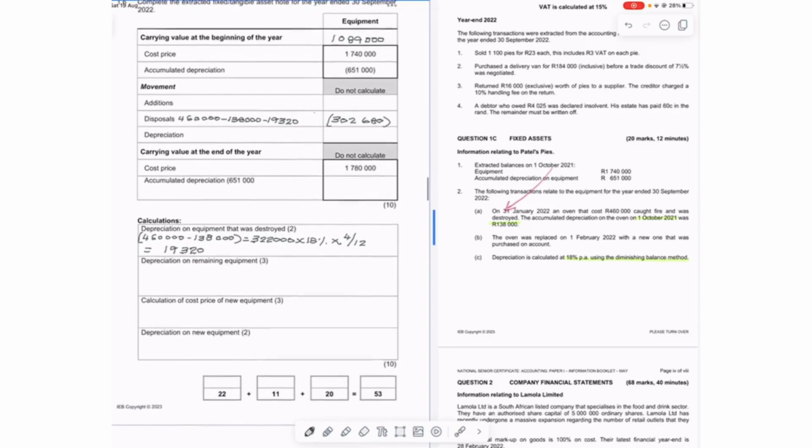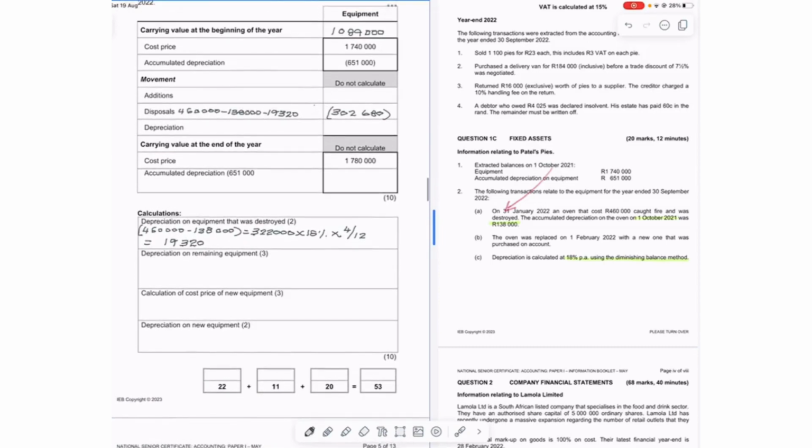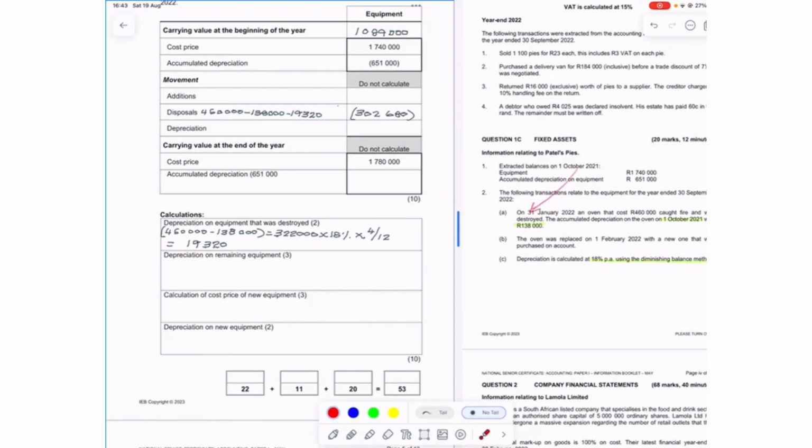The next calculation that we need to do is calculate the depreciation on the remaining equipment. Remaining equipment being this equipment that we had at the beginning of the year minus this piece of equipment that we sold. Because it's on the diminishing balance method, we need to take this step by step and we need to do this slowly. The next calculation is depreciation on remaining equipment.